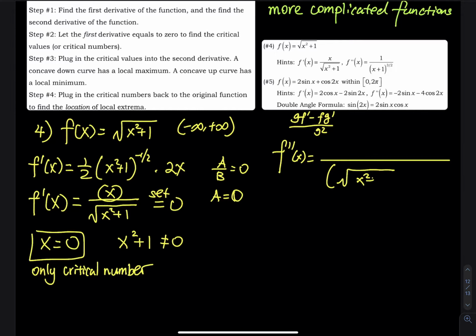Then g f prime: the square root of x squared plus 1, the derivative of the top is 1, and then minus f times the derivative of the bottom, so that is x times 1/2 x squared plus 1 raised to negative 1/2, and then the derivative of x squared plus 1 is 2x.